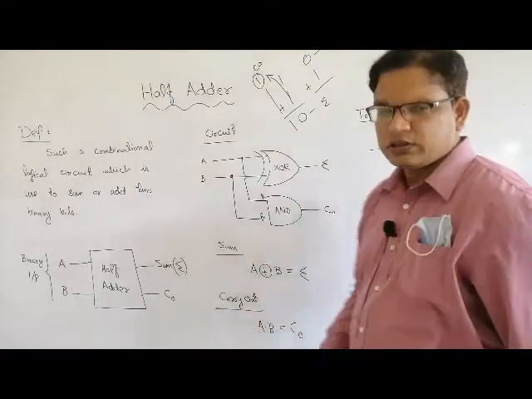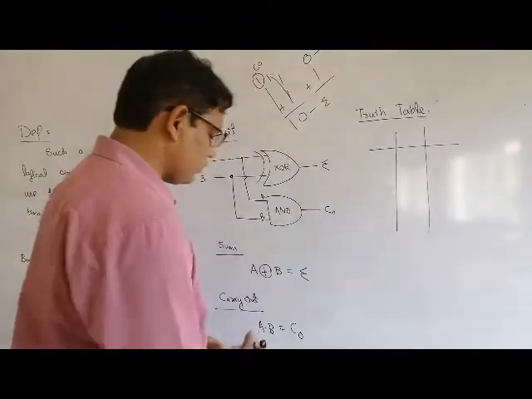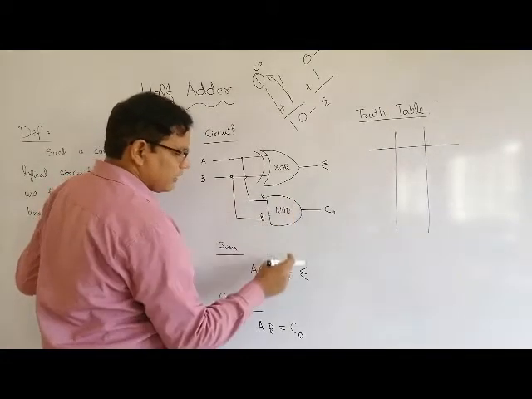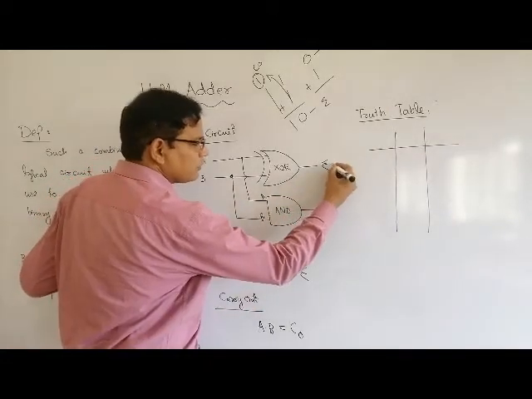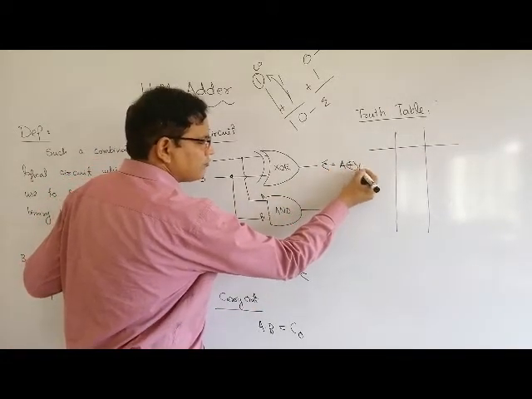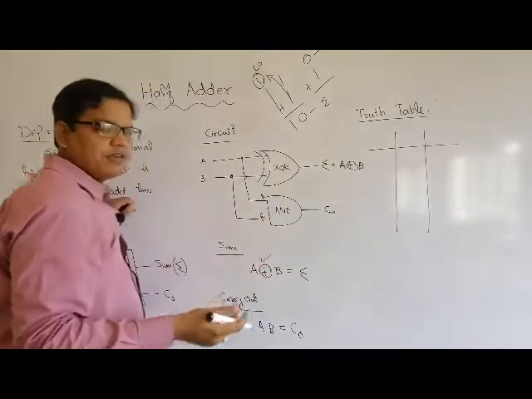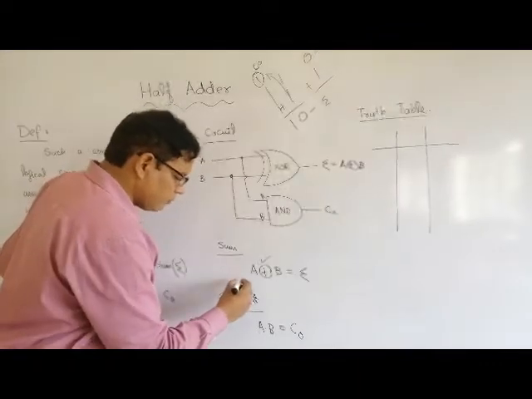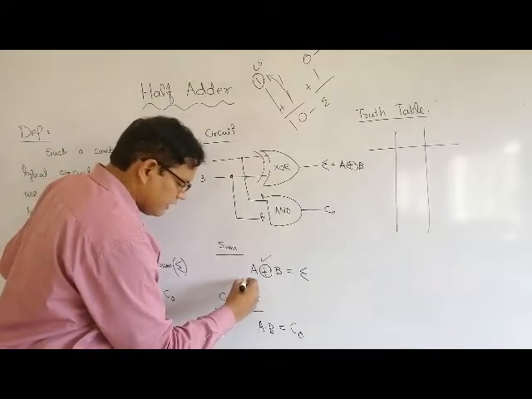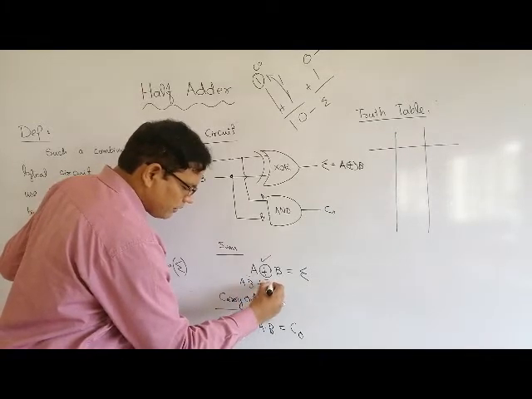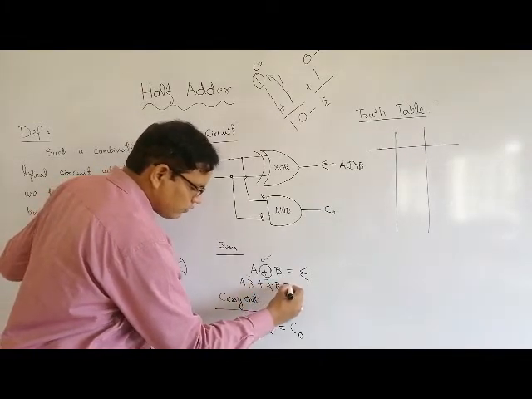Now we will come towards the working of the exclusive OR gate. As we know, the exclusive OR gate's output is equal to A exclusive-OR B. In the previous lectures I have already briefed you, but once again, A and B complement plus A complement ANDing B is equal to sum.